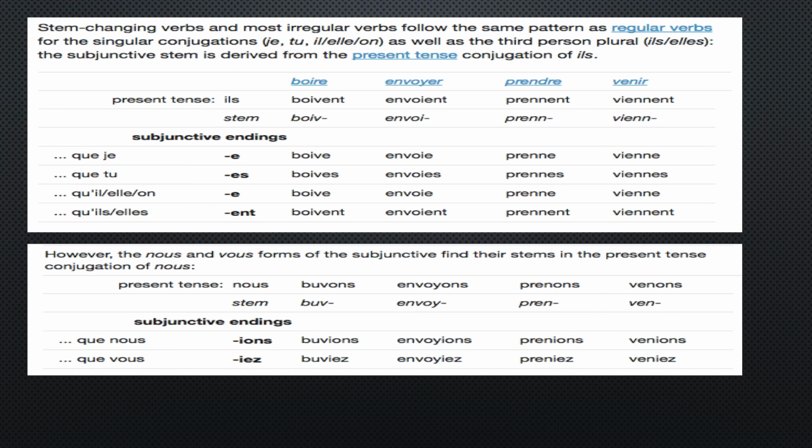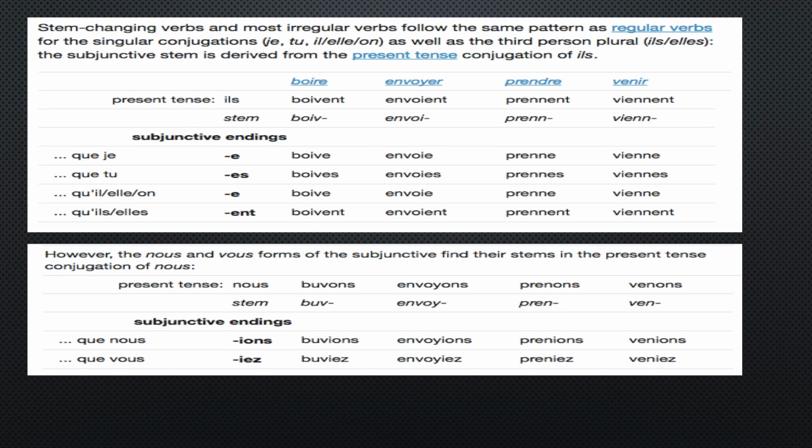Speaking of following examples, just note that even though these are all irregular, all of the stem endings are the exact same. The only thing that's different is that the nous and vous form of these verbs, you find their stem differently than before.